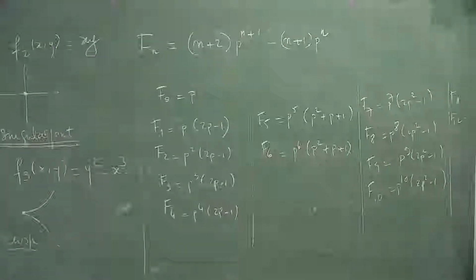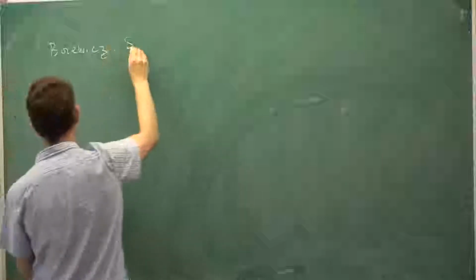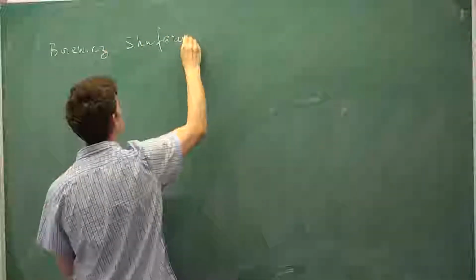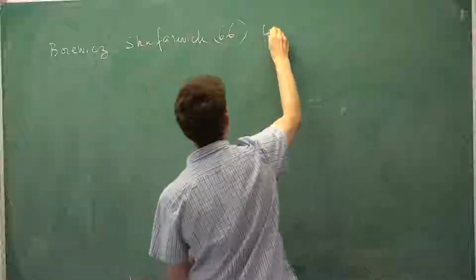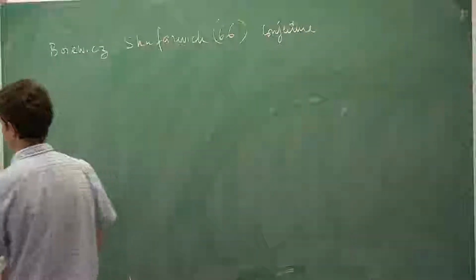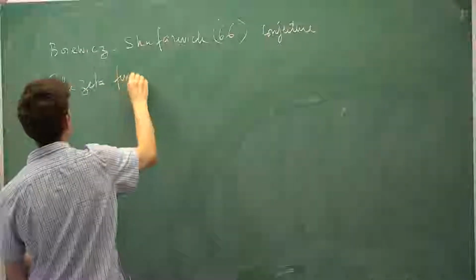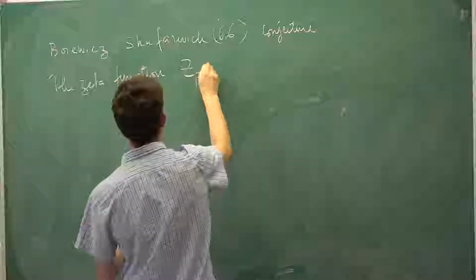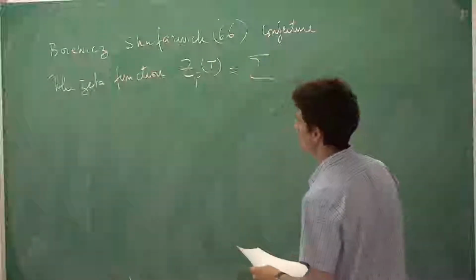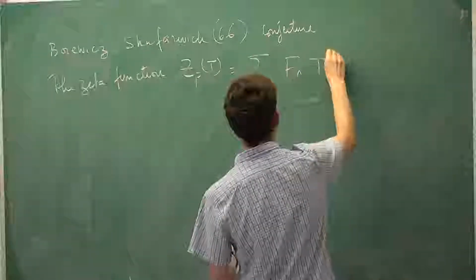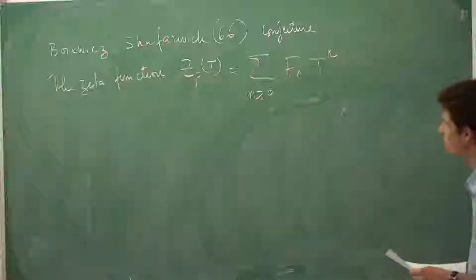So from that point of view, Borevich and Shafarevich made a conjecture in their book in 66, that the zeta function, which is a generating series with coefficients Fn, is rational.